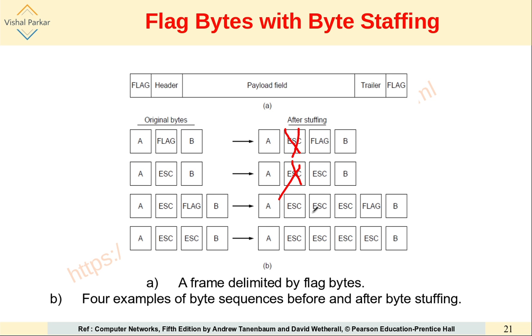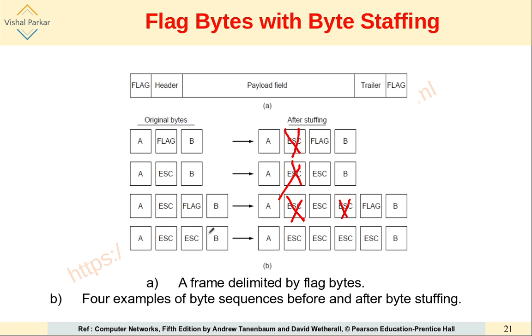That's why each individual escape and flag will be escaped with the escape byte. This escape is escaped with escape escape, and this flag is escaped with escape flag. So these two will be discarded and A escape flag B will be taken, which is the correct sent frame.